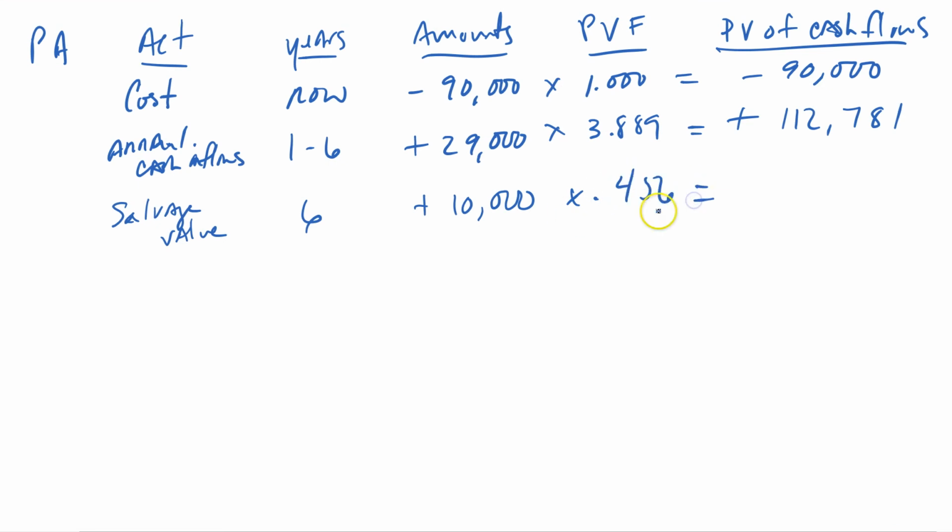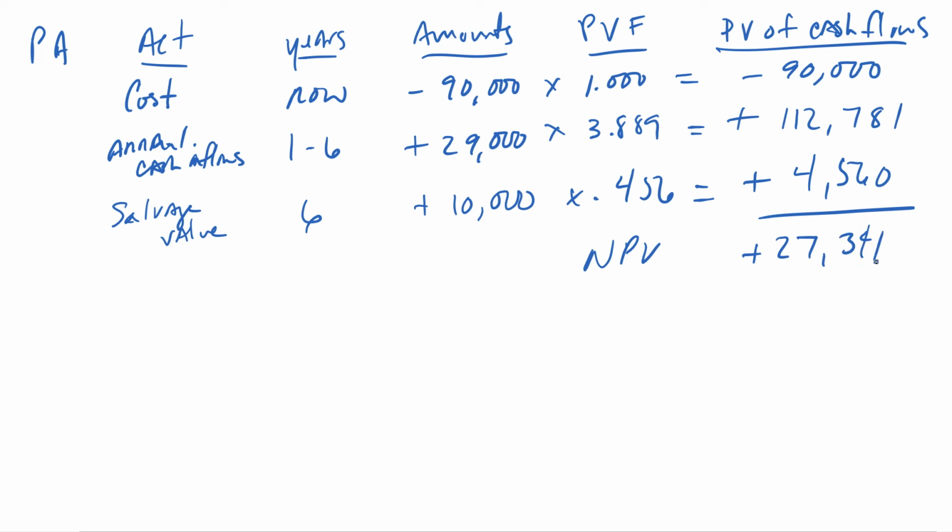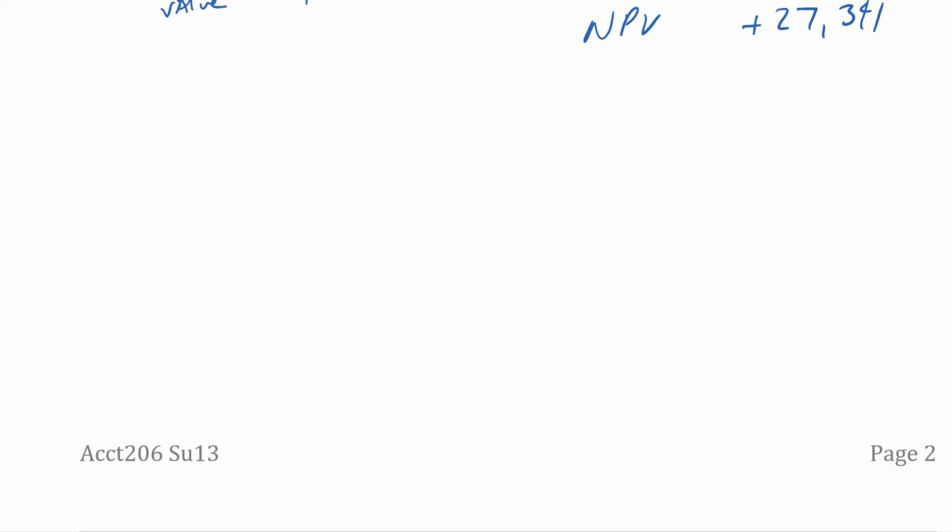So I multiply 10,000 times 0.456. This is an inflow, $4,560. So I add those up, the outflows and the inflows, and I get net present value of positive 27,341.